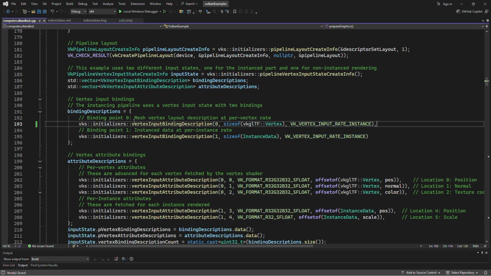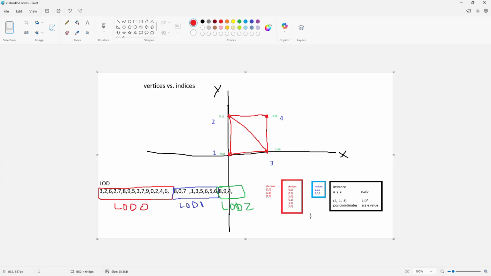So we're taking the mesh vertex layout description at per vertex rate. There are many vertices to make one thing, but instead of moving the read per vertex, we're now moving it per instance, right? Which would be a lot slower cadence because there are way less instances than vertices.